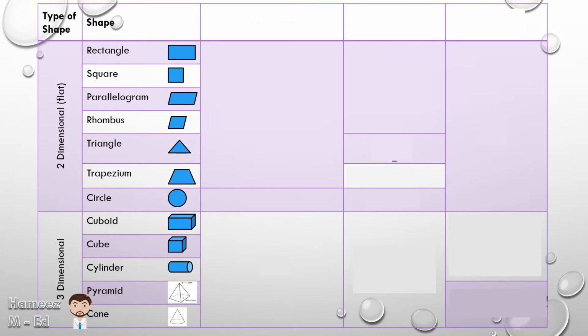So if we consider the perimeter of these shapes, remember perimeter means the distance around the entire shape. Then from the rectangle to the trapezium, we can use one formula to find the perimeter of all these shapes. And simply, it is to add up all the lengths of all the sides. While for a circle, because we can't see any straight sides there, the formula is 2 times pi times r.